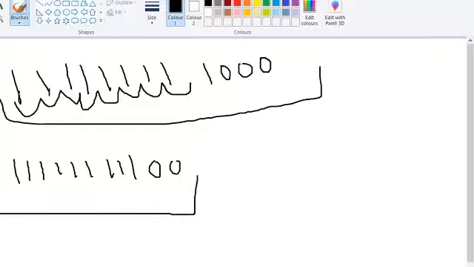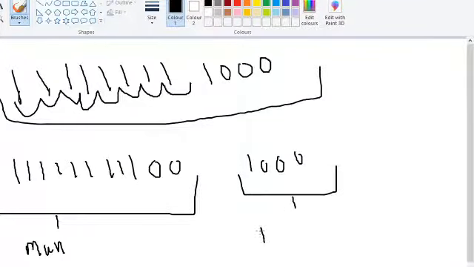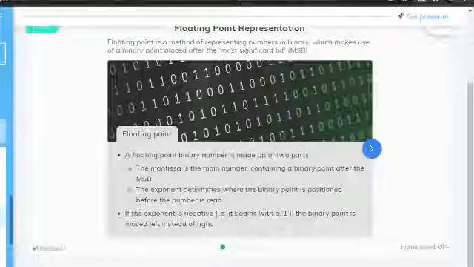This would be the mantissa. Then there's an exponent, and the exponent would be 8. That is because to get this back to its original number, you'd have to move the full stop, or the decimal point, back 8 places. Simple. So that is literally what floating point numbers are.